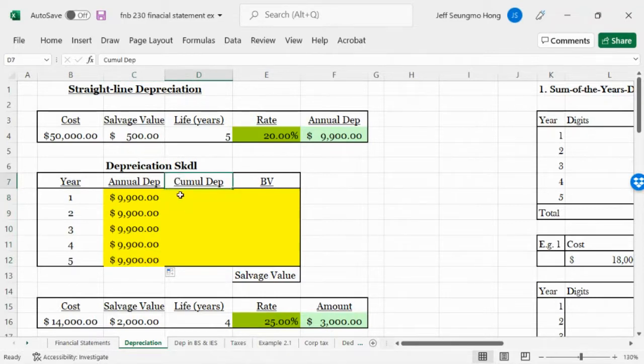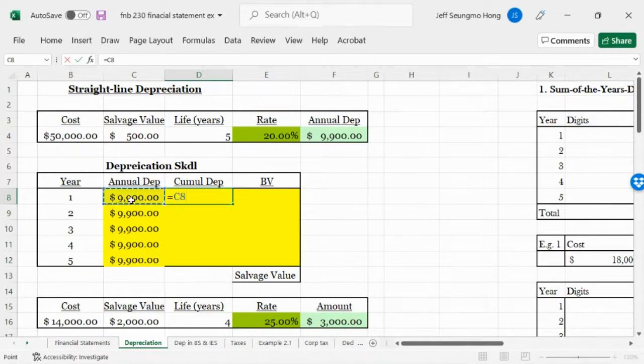Accumulated depreciation, or cumulative depreciation. You want to know how much depreciation has accumulated by the end of year 5. Accumulated depreciation should be exactly 49,500, right? And it will be. You will see.